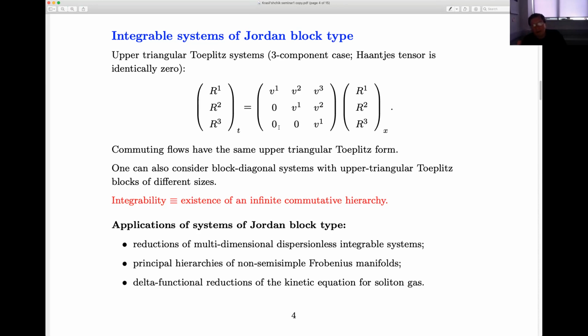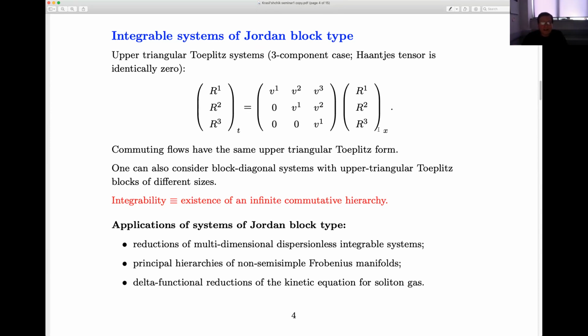Dubrovin, Novikov, and Tsarev were motivated by the meaningful example of Whitham equations. Whitham averaged equations are semi-simple and reducible to Riemann invariants. There were many meaningful examples of such systems coming from physical applications, and there were no examples of Jordan block type coming from meaningful applications. So such systems were simply not studied.